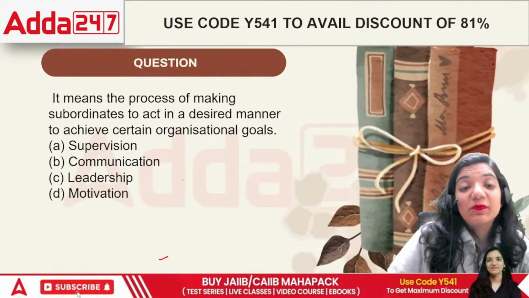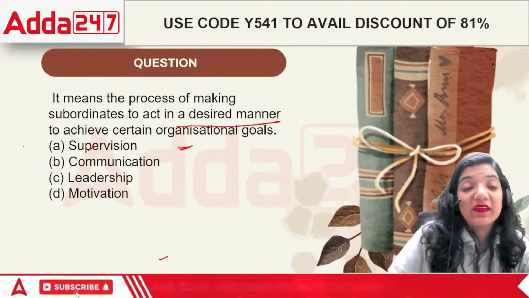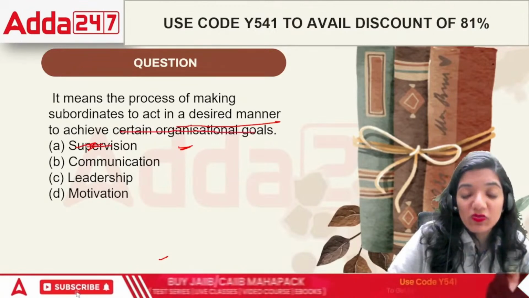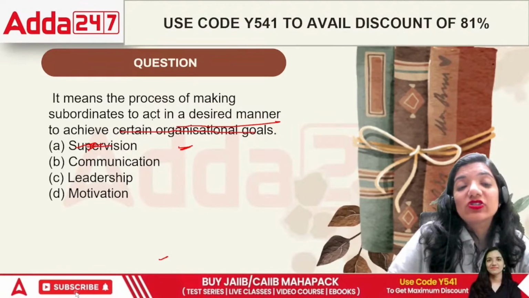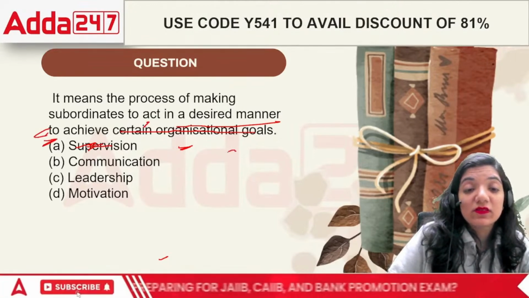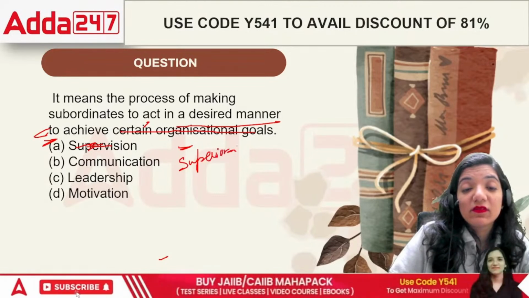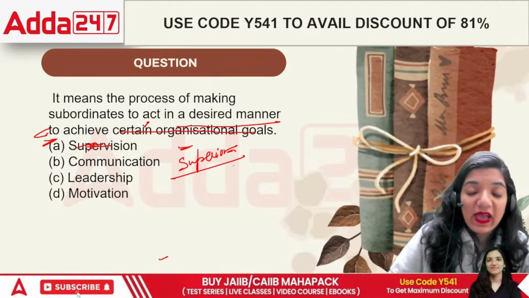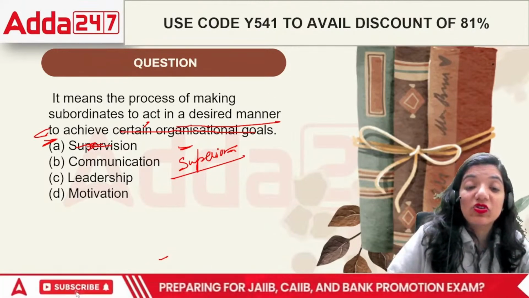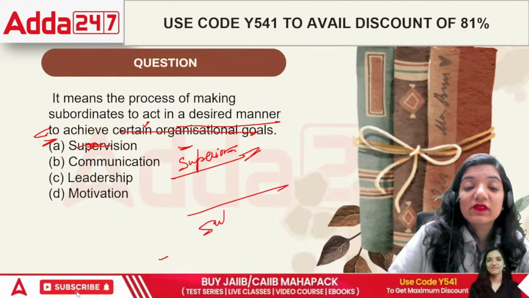Next, it means a process of making subordinates to act in a desired manner to achieve certain organizational goals. So the point is, in an organization, we will find someone who's ahead of me is called superior, and the particular person who's working just under me is called my subordinate.